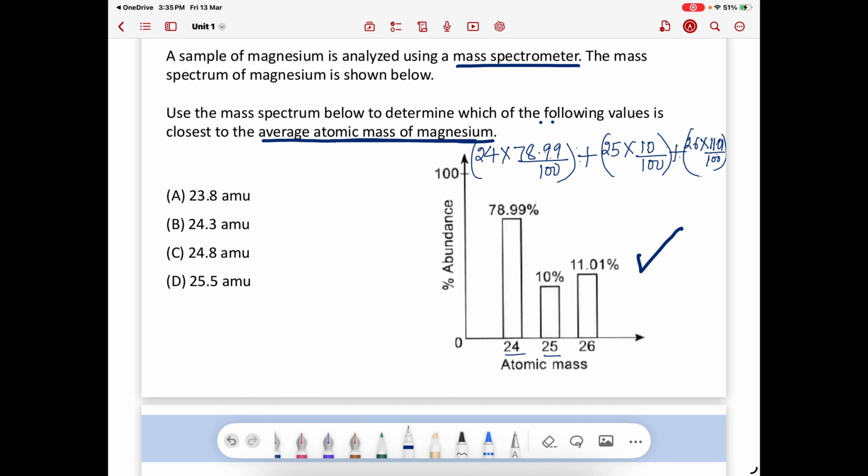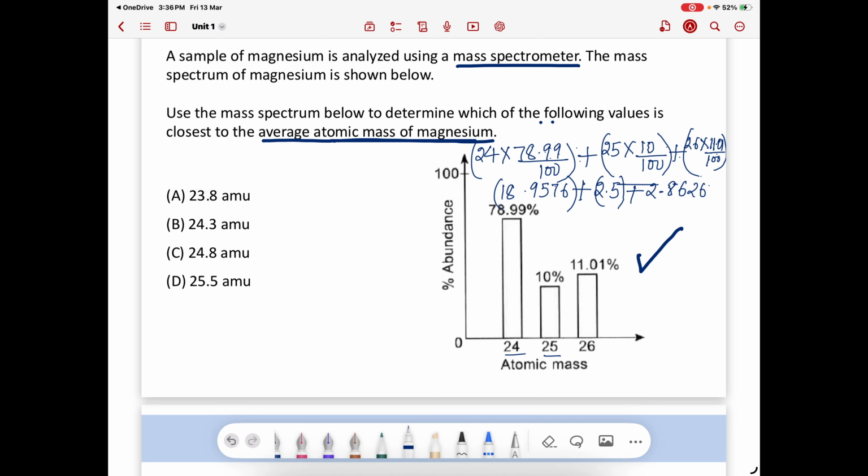So this is 18.9576 plus 2.5 plus 2.8626.